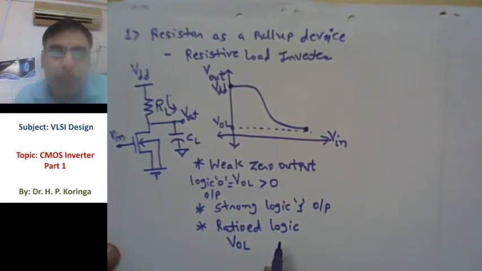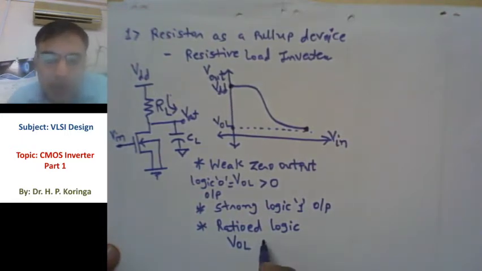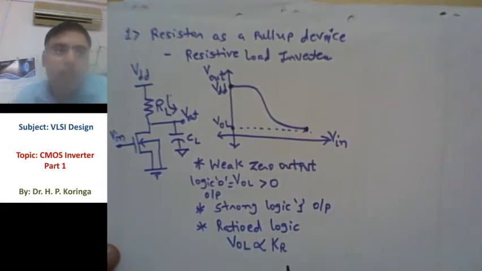The problem statement is given in the form of: design a resistive load inverter that should have a VOL of 0.2 or like that. To achieve the VOL, it is proportional to 1 upon the transconductance ratio, right?